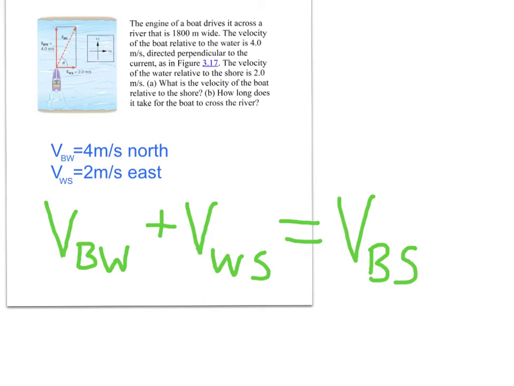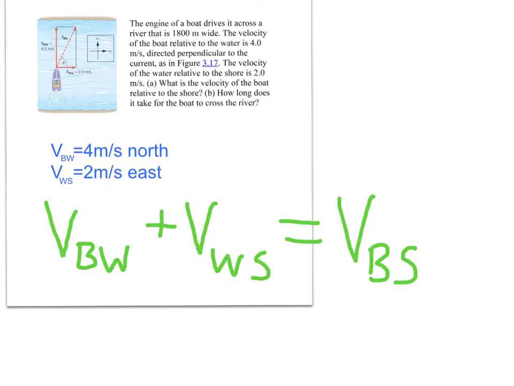Now the important thing to notice here is these middle subscripts. The second subscript of the first vector is the same as the first subscript of the second vector, and they essentially cancel each other out, and what you end up with is a vector that has the first subscript of the first vector and the second subscript of the second vector. And that tells you that you're adding them in the right order.